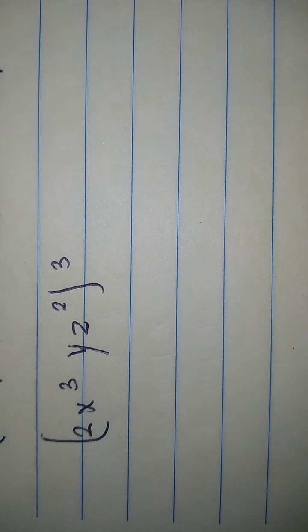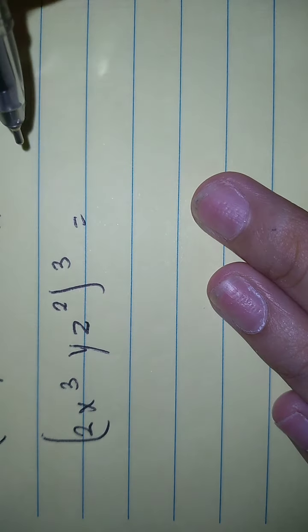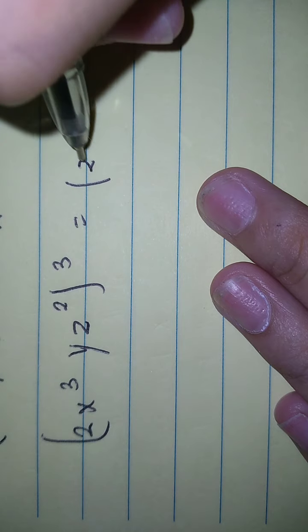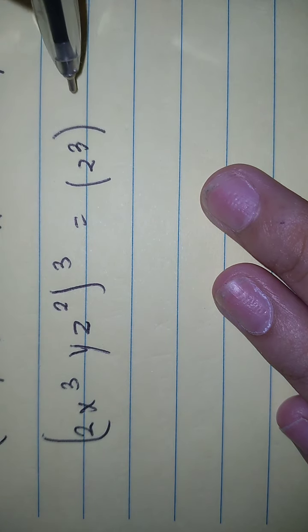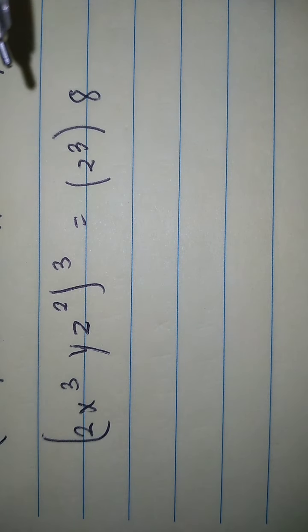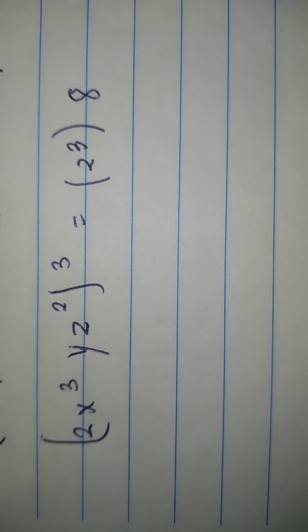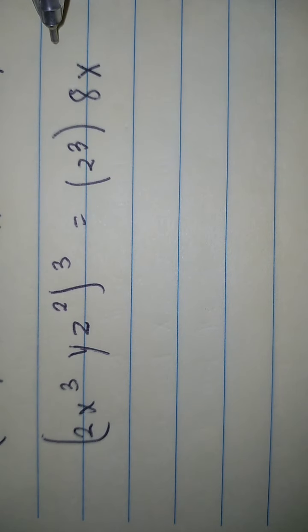So 2 raised to the power of 3 is equal to 8. And 3 times 3 is equal to 9, so that is x9.